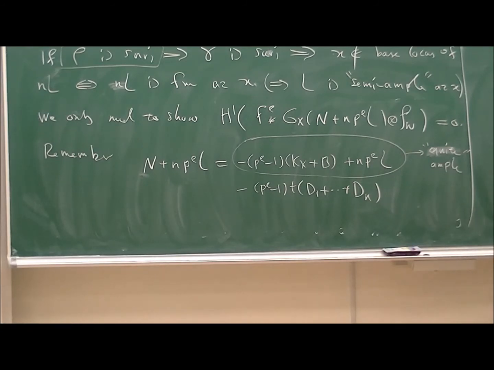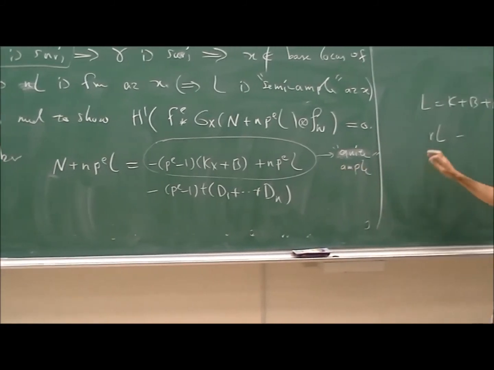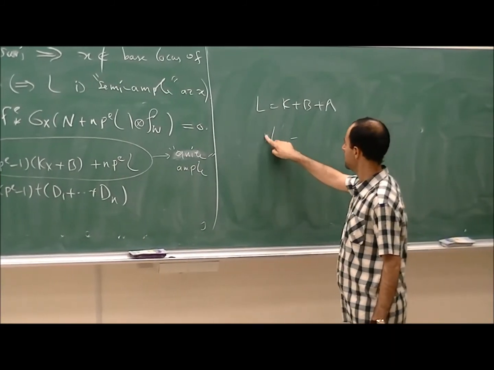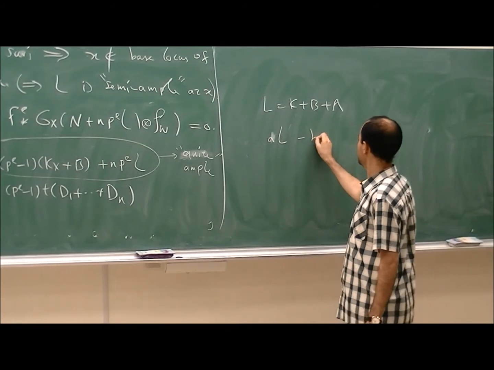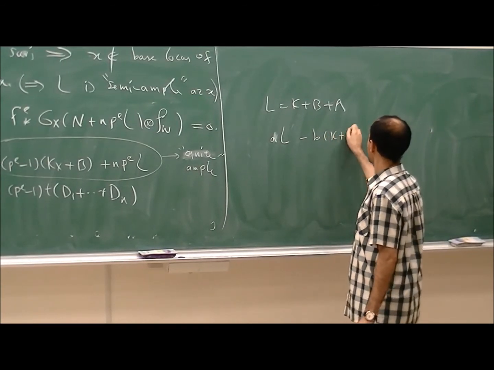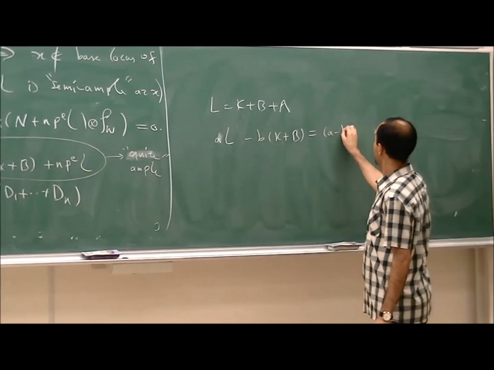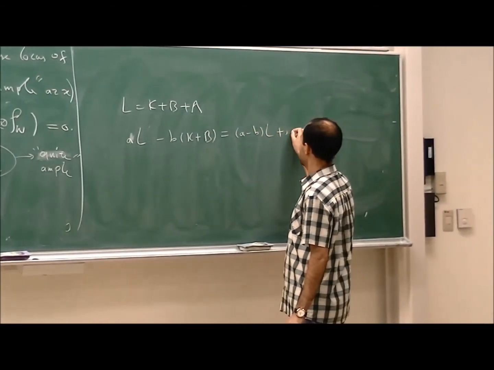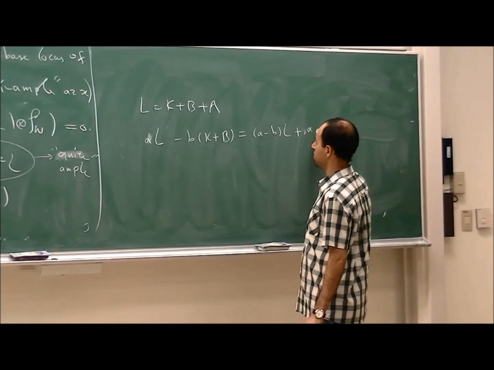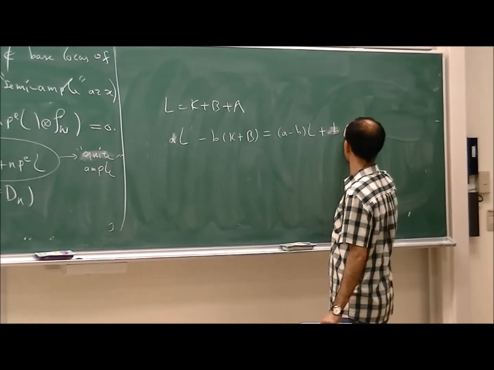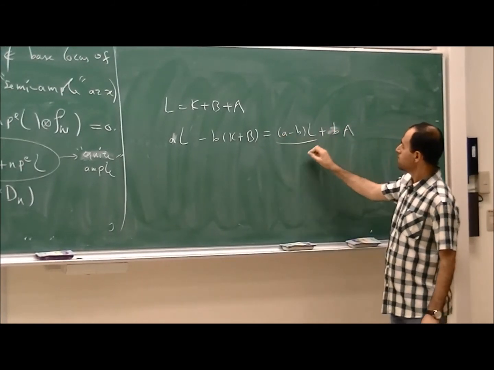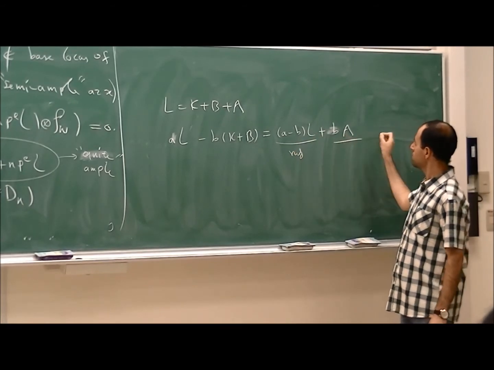So if you take a very large multiple of L, let's say R times L minus, I will not do the calculations here, but just try to explain it. Here, let's say A times L, and then you have minus B times (A plus B). What you are left with is this (A minus B) times L plus A times B times A. So this is anyway the nef divisor we started with.